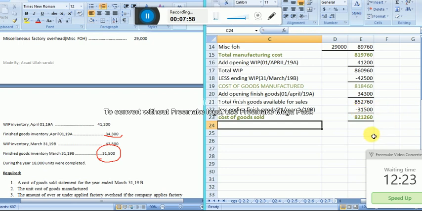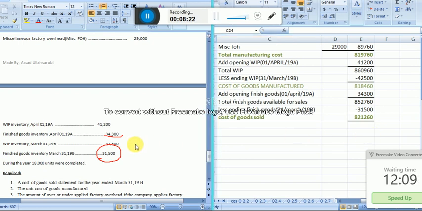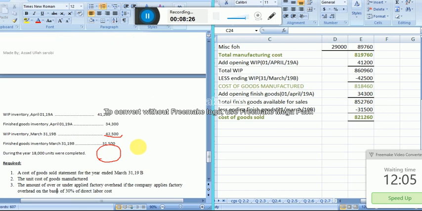So the 8,21,260 finished goods we sold during the year 19B. This was the cost of goods sold which we found for 19B till 31st of March.